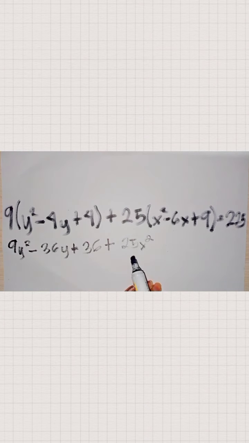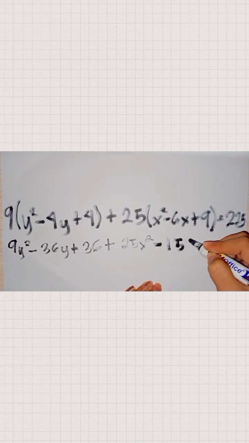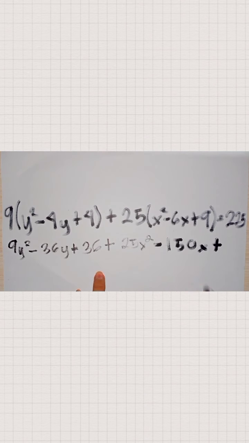Tapos 25 times 6 magiging negative 150x plus 25 times 9 magiging 225 na lang siya. Equals to, copy, 225.